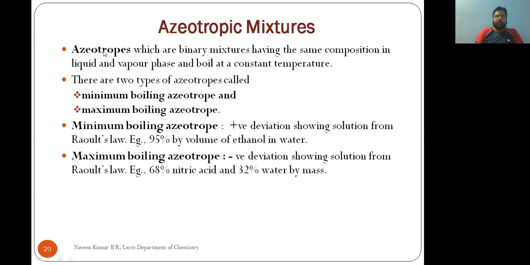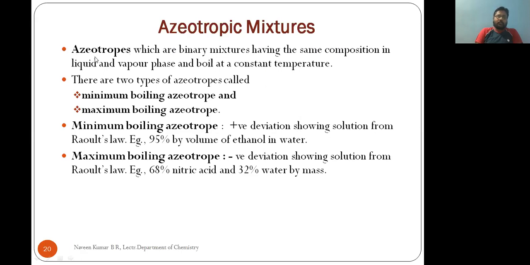In simple terms, azeotropes are called constant boiling binary mixtures. As we know, binary refers to a mixture of two components. Boiling at a constant temperature is the main concept of azeotropes.